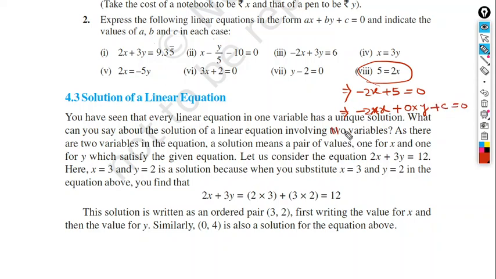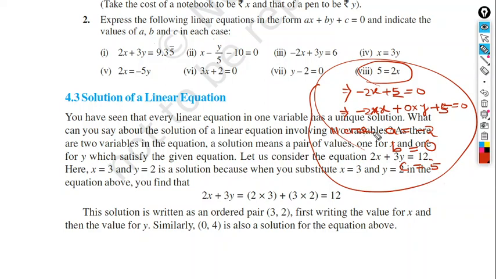Here you can write a equal to minus 2, b equals to 0, c equals to, sorry, c is 5. You can write 5 in place of c. So c equal to 5.